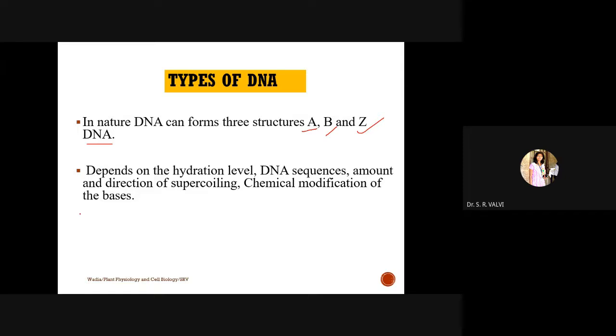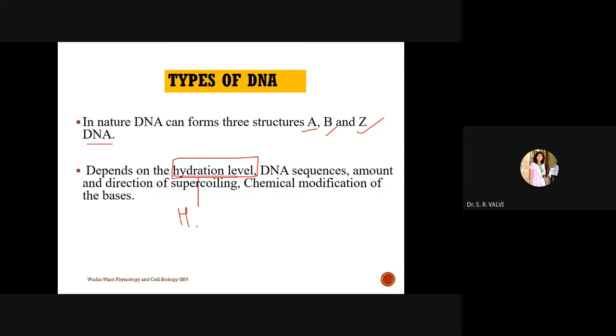Now, on the basis of which structure or which condition makes the DNA different from one another, right? Depending on the hydration level, this is a very important characteristic. Hydration level is nothing but water condition, H2O.